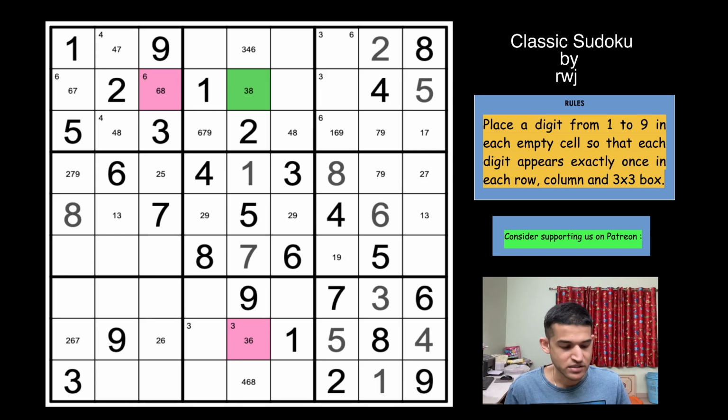Now I said that cells which are seeing both the wing cells, namely this one, cannot contain the digit which is common between the wing cells. So 6 cannot be in this gray cell. And again, it's easy to see.